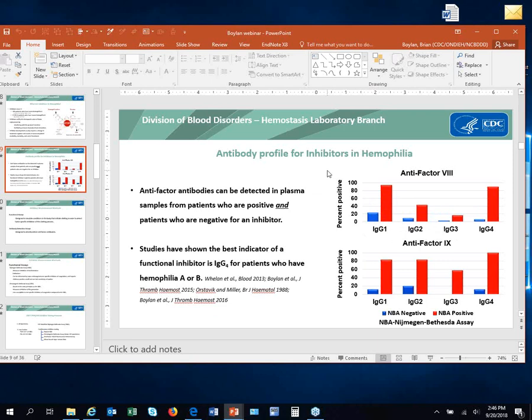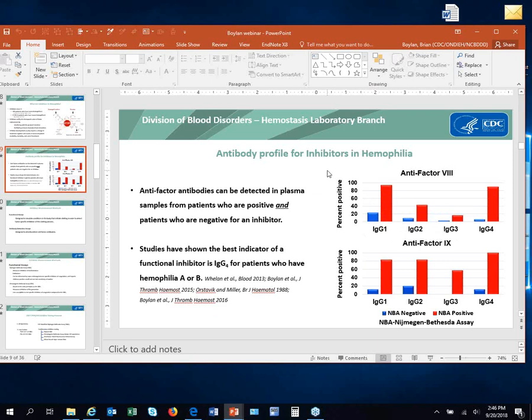But when you see these antibodies pop up, especially in the low titers, those are the ones that you want to keep an eye on and monitor over time to see what happens with both the functional result in the Nijmegen-Bethesda and also the antibody. And those results together can guide your thoughts on the progression of the inhibitor.